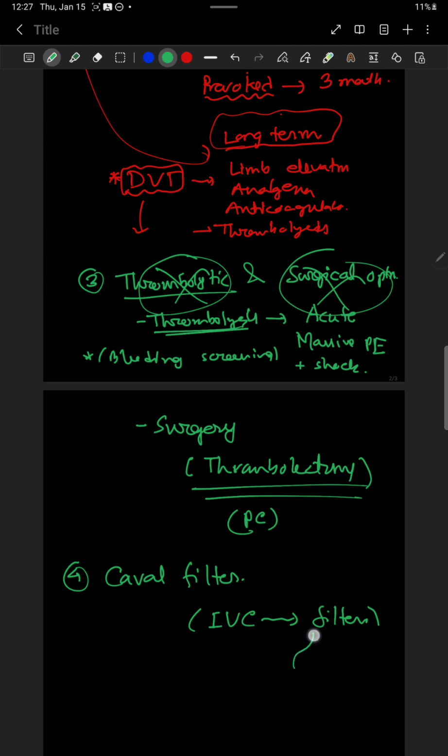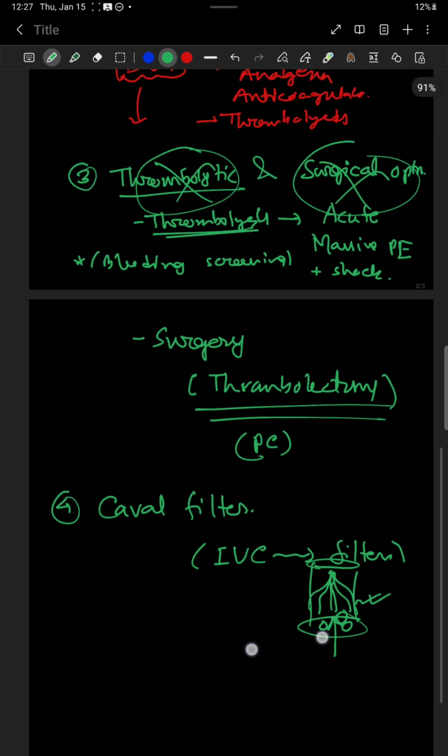These filters are like an umbrella, you will put it in there, and in the vena cava this filter will collect the embolism. Okay, you can only do it if the patient cannot be given anticoagulation. If you can use anticoagulant, then there is no need of this cava filter. But if you cannot give anticoagulation drugs, and the patient is suffering from recurrent venous thromboembolism and smaller pulmonary embolism, you should go with the cava filter.